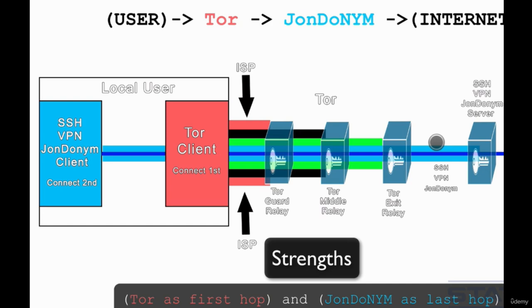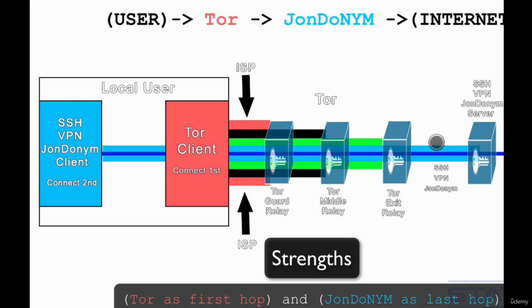And after that, the user goes to SSH, VPN, Jondonym and then Tor and internet.onion, your desired target. So here SSH, VPN and Jondonym are the first hop and Tor is the last hop.